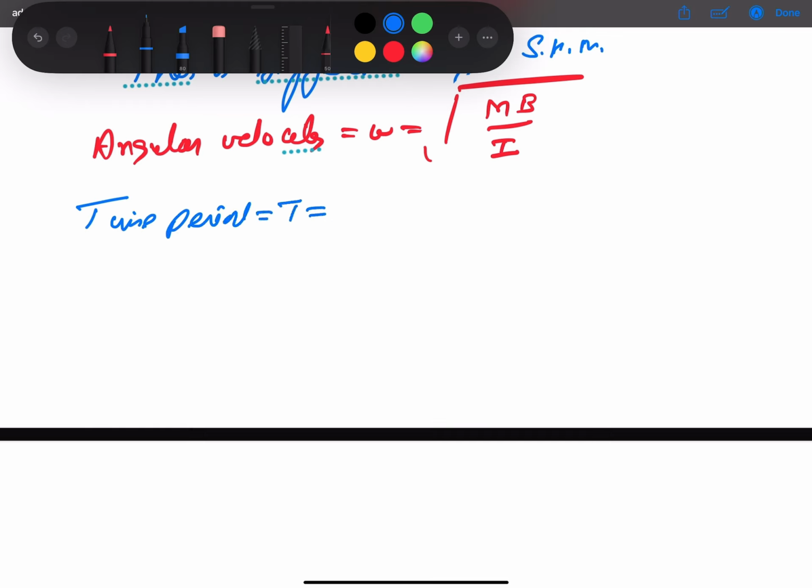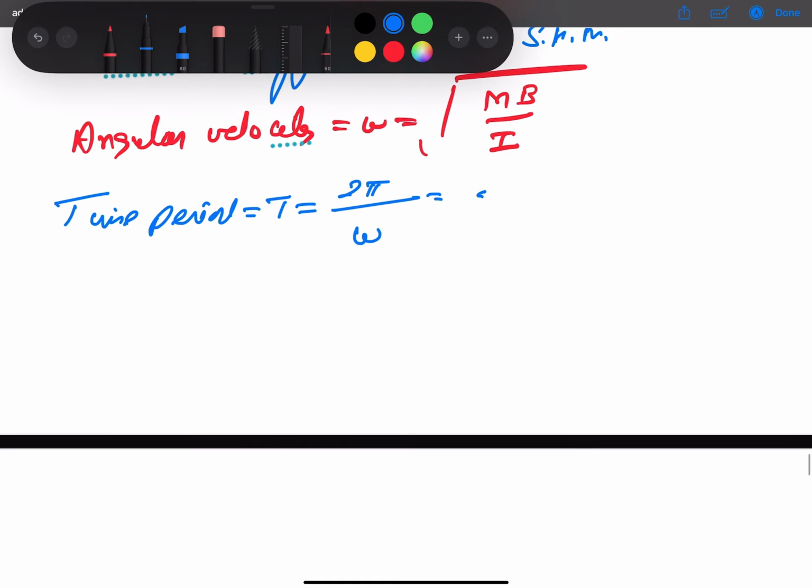Time period T will be 2 pi by omega, and this gives us 2 pi square root of I upon mB. Now we are going to simply substitute the values.